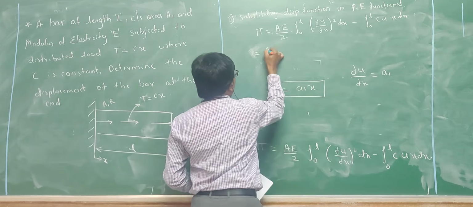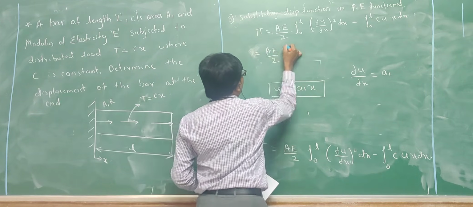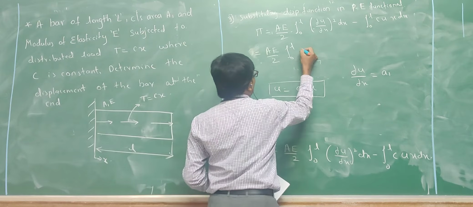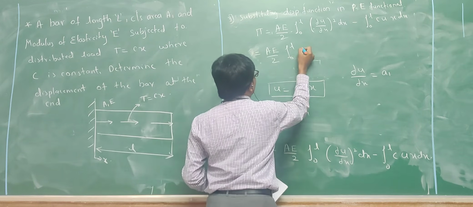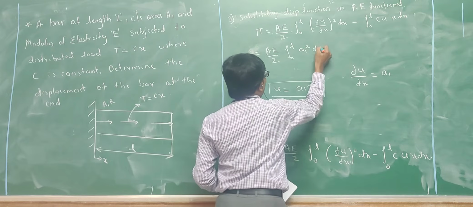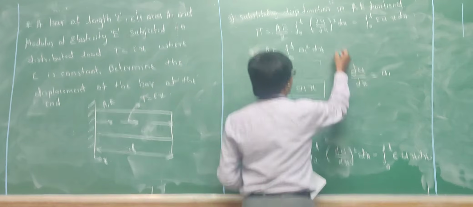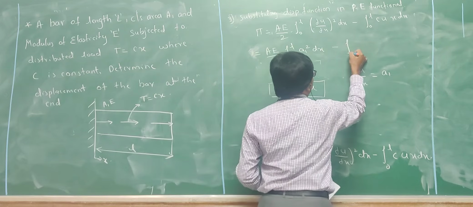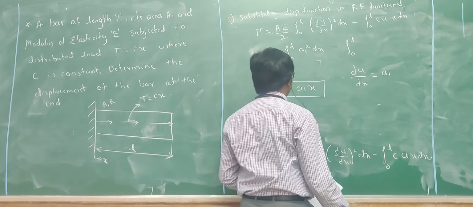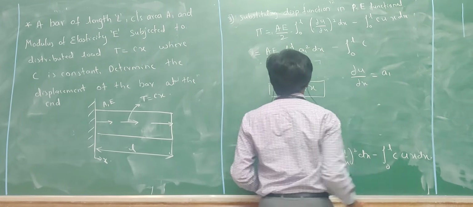So it is AE by 2 integration 0 to L, dou u by dou x becomes a1 square, into dx, minus integration 0 to L c, what is u?